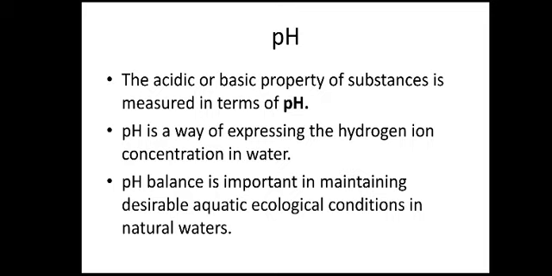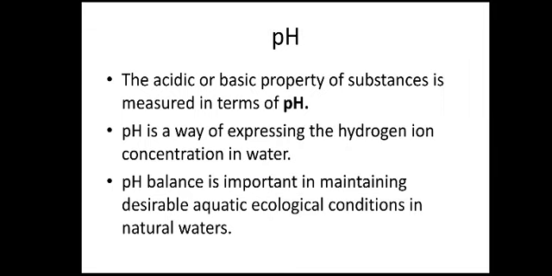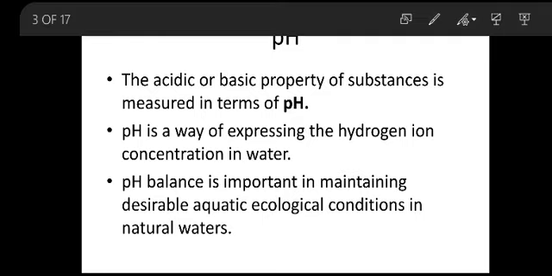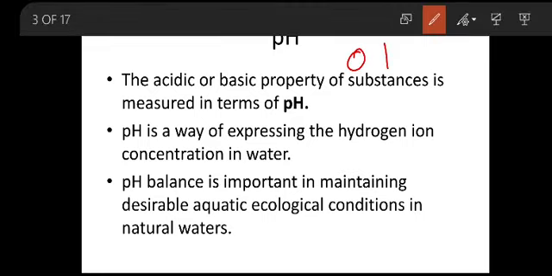This pH is a parameter which deals mainly with the hydrogen ion, that is the H plus ion concentration present in the water. Okay, children? This pH is actually a scale, like your meter scale. It has numerical values from 0 to 14.